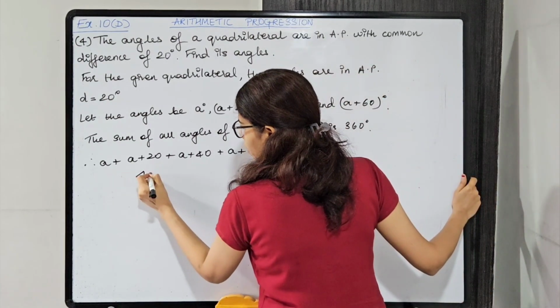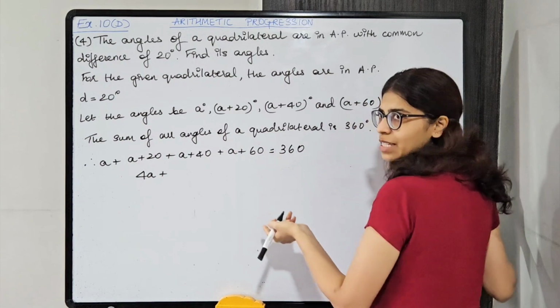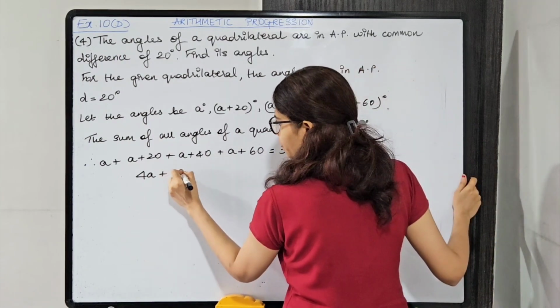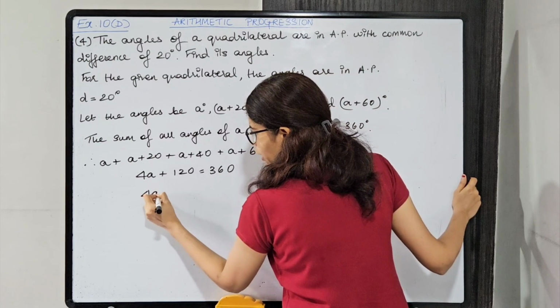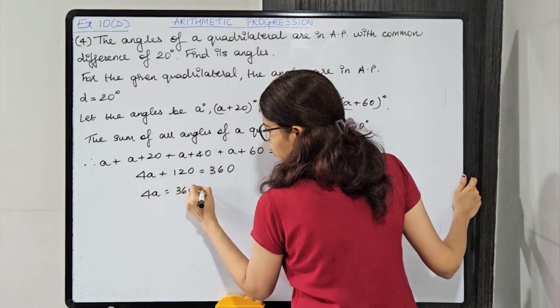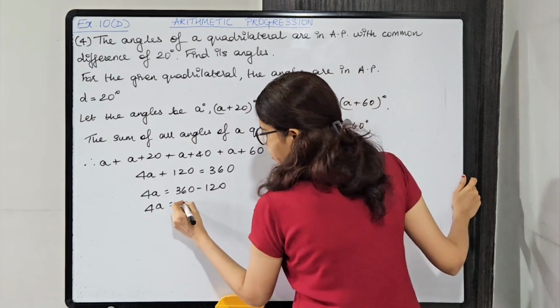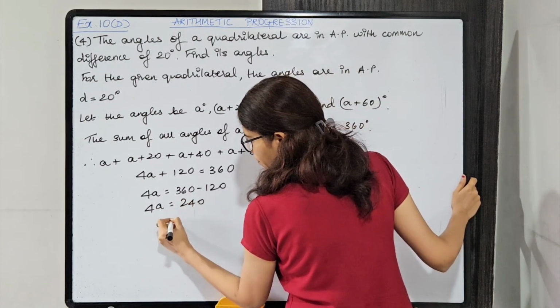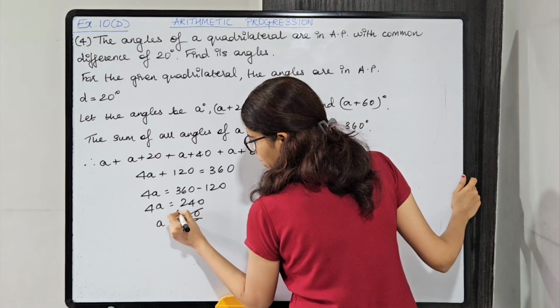So 4A plus 20 plus 40 is 60, and 60 plus 60 will be 120. It is equal to 360. So 4A is equal to 360 minus 120. So this will give 240. So A is 240 by 4, that is 60.